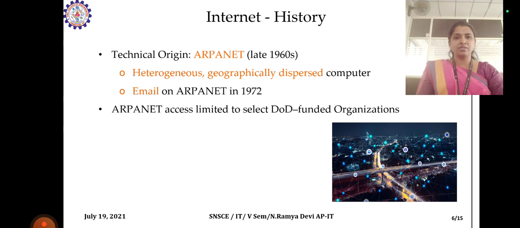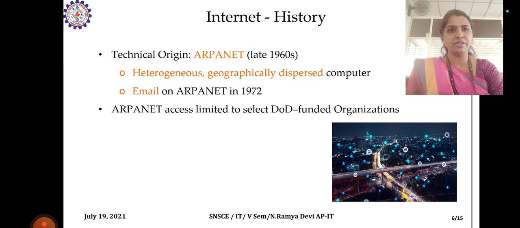So how did the internet originate? Basically the history of the internet starts from ARPANET. ARPANET was developed for military purposes, for connecting one system to another system. The technical origin of the internet started from ARPANET in the late 1960s.